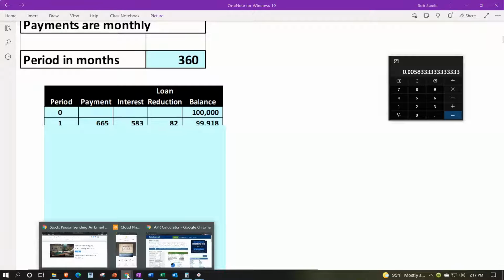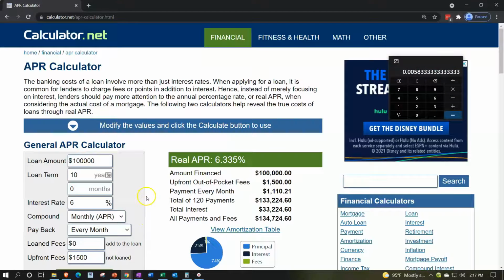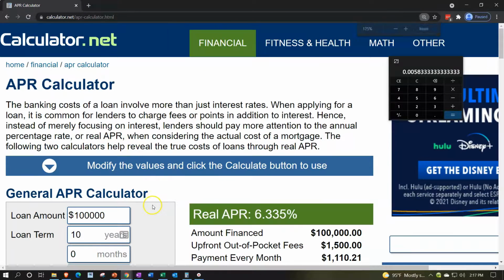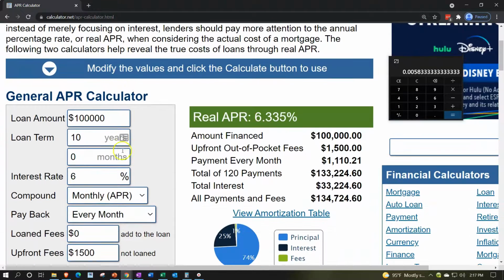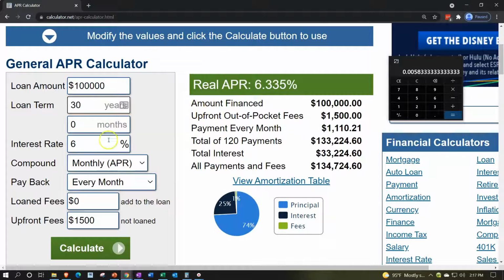In essence, the online calculation would look something like this. This is just one online calculator you can look at. $100,000 loan, term 30, rate is going to be the 7%, and I'm going to put 0.01 because they require a value for no costs here.